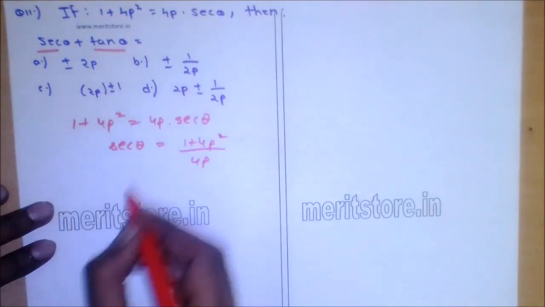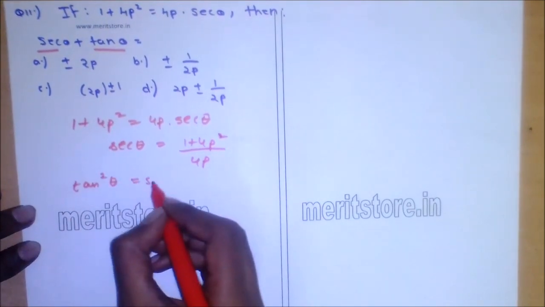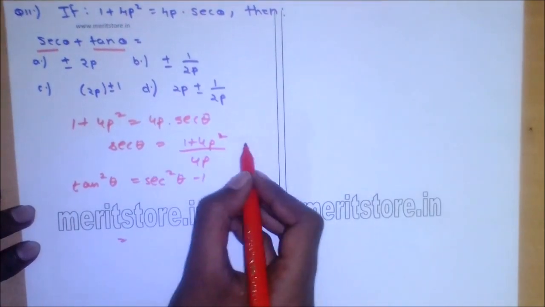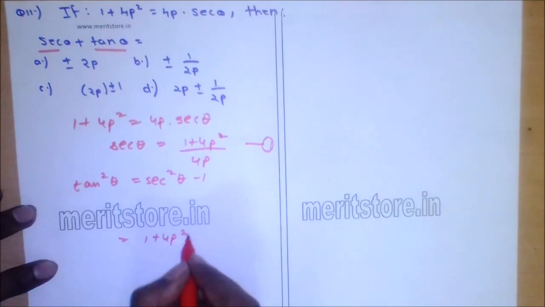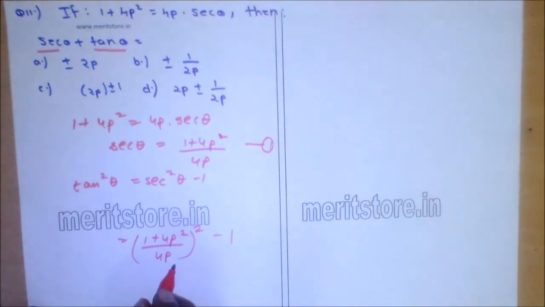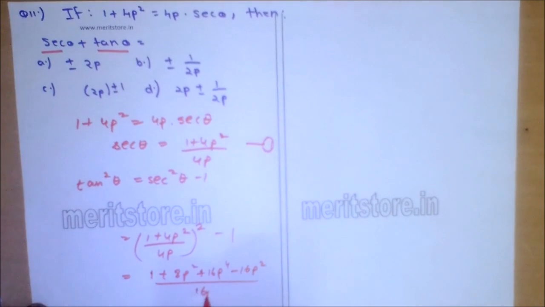Now we have to find tan theta. So tan square theta is sec square theta minus 1. So sec theta is 1 plus 4p square by 4p. So (1 plus 4p square by 4p) the whole square minus 1. So this can be written as 1 plus 8p square plus 16p raised to 4 minus 16p square divided by 16p square.